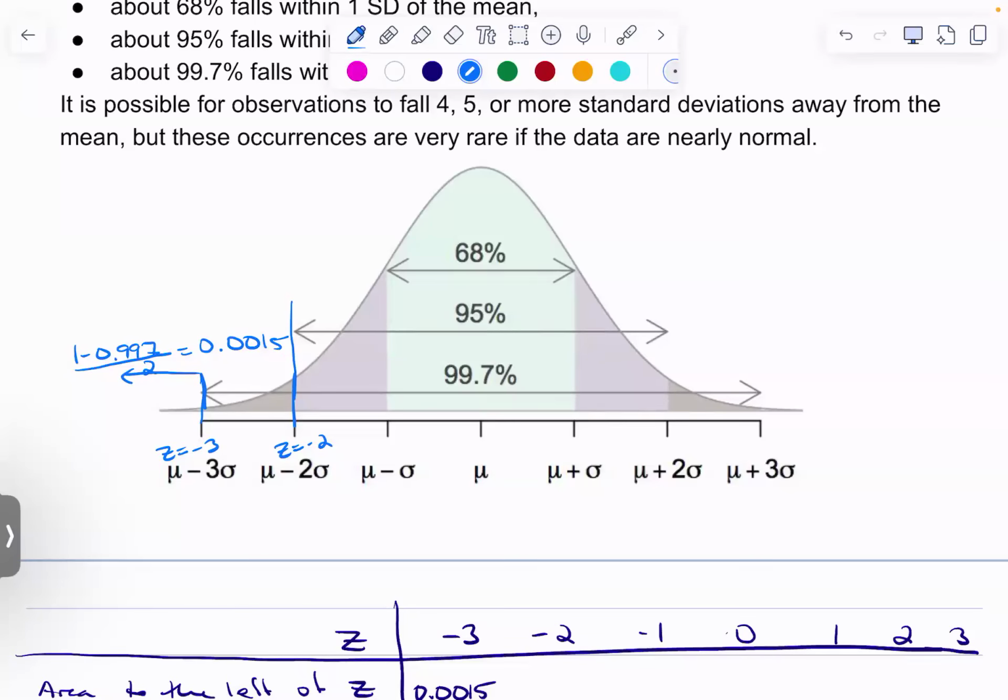Because the total area is still 1, and between -2 and +2, I have the central 95, right? Remember, it's always the central, right? The central 95%. So then this area is going to be 1 minus 0.95 divided by 2, which is 0.025.